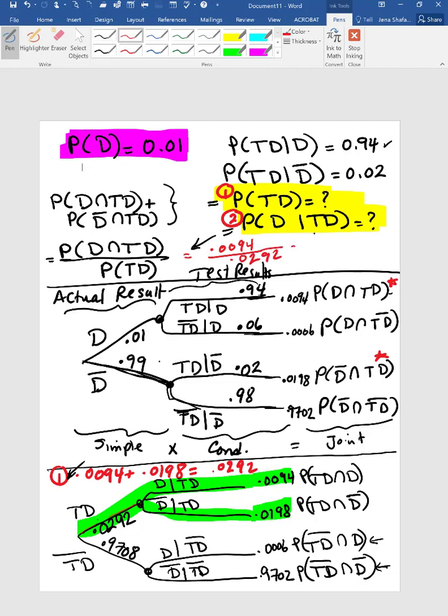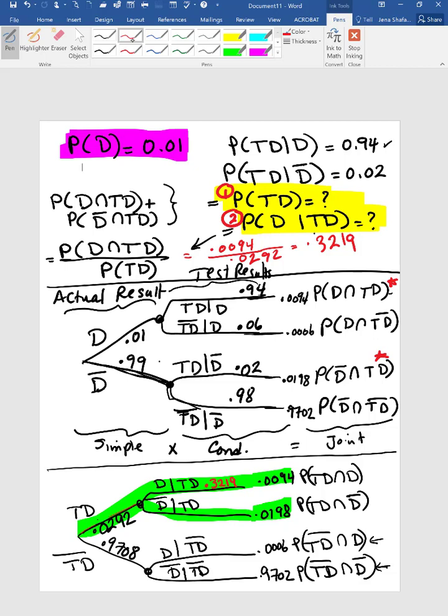And that answer is 0.3219. So 0.3219 is the answer to question 2.